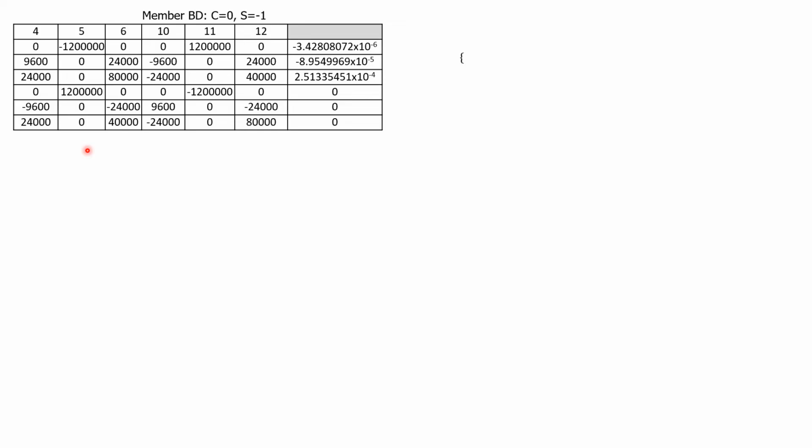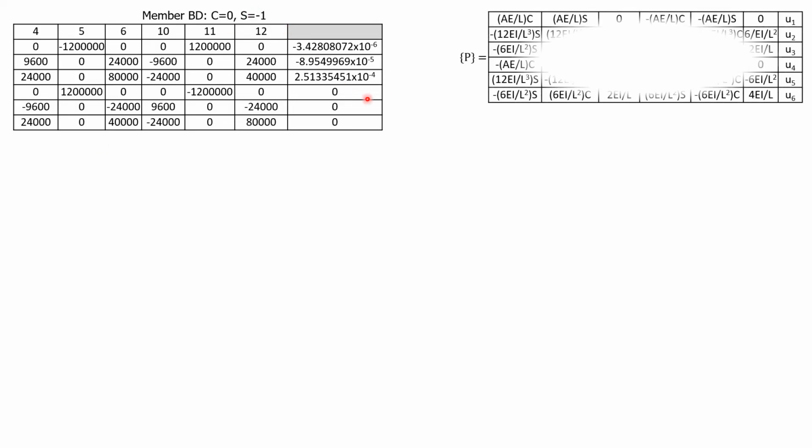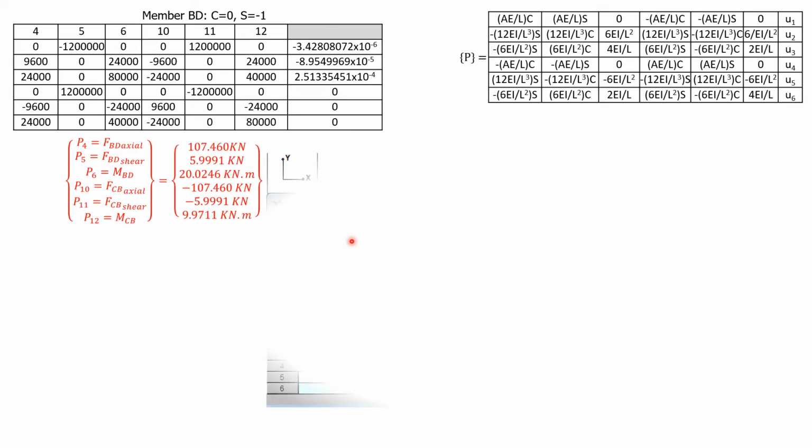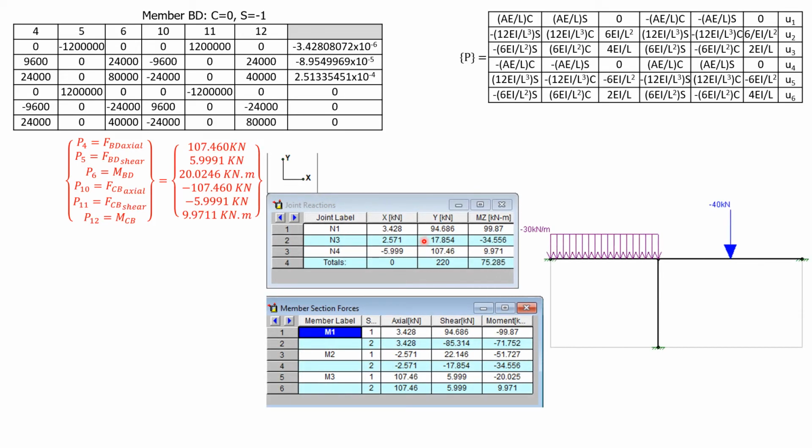Then let's have here member BD, cosine 0, sine negative 1. And this is the guide for member forces. And these are the results. Then this is from RISA software. These are the results, and you compare the results from earlier for member AB, BC, and this is for member BD.